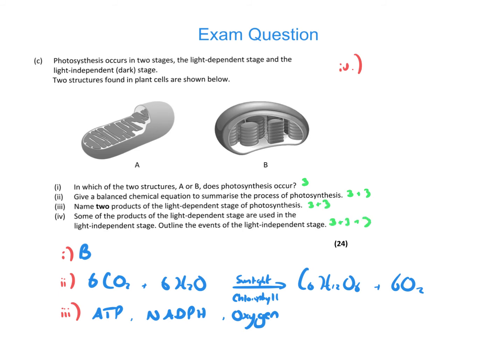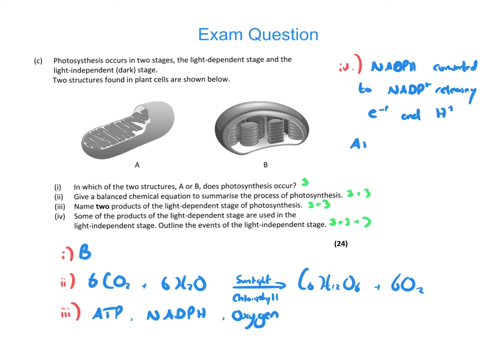Okay, so some things that happen in the light independent stage. So we have our NADPH is converted or broken down releasing electrons and protons. Okay, so that could be 1 point there.